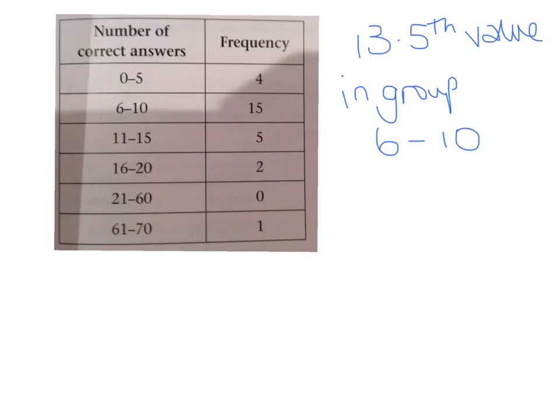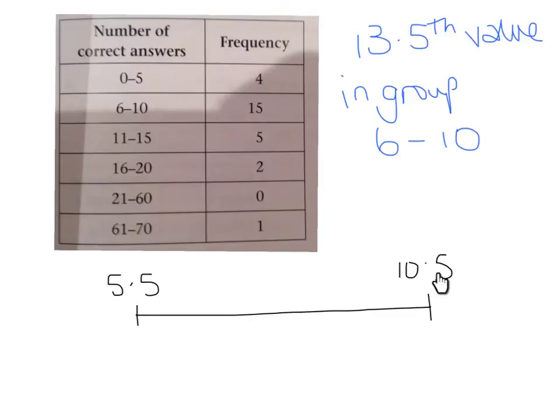Okay, a slightly different way of thinking about this is to say, I want the 13.5th value, and I know this is in the group 6 to 10, so that actual group really goes from 5.5 up to 10.5. This top line is my number of correct answers, and let's have the bottom line as my cumulative frequency.